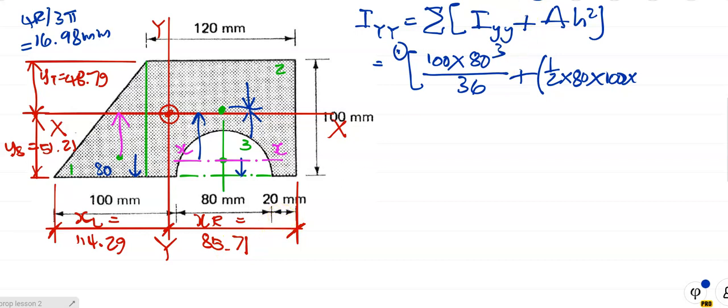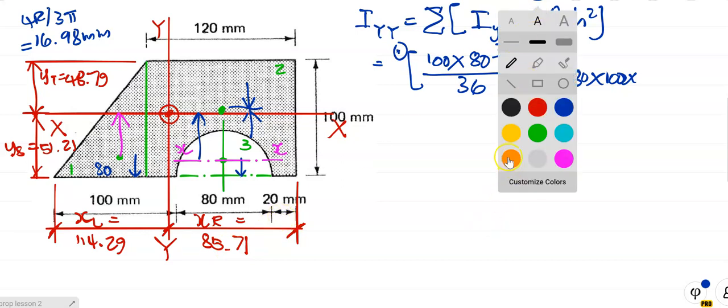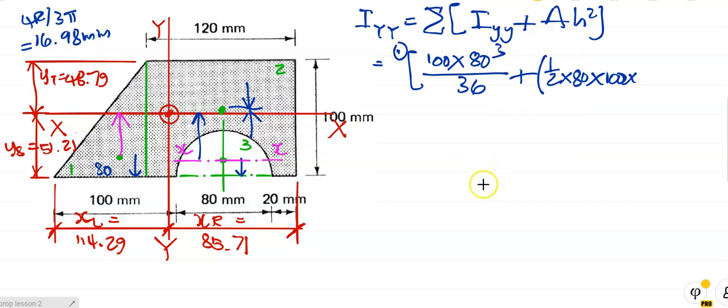What's H? Let me change the color. Let me make it an orangey color, a yellowy one. Okay. H is distance from the centroid of the element to the centroid of the whole cross section. My triangle. H is the distance over there. Did you see that? H is the distance from the center, because the y axis of the triangle sits there.